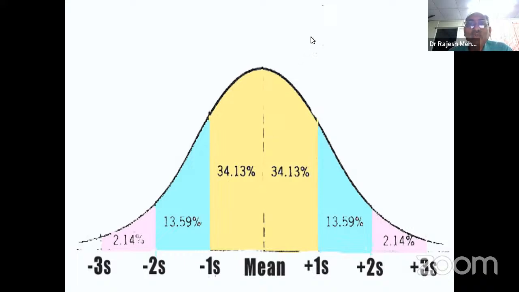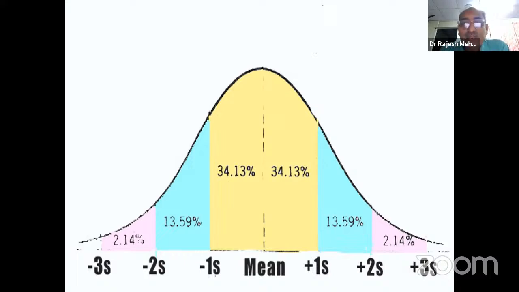So out of these 200 children, people between 75 plus minus 2 standard deviation, one standard deviation is 5, 2 standard deviations is 10, right? So the range becomes 65 to 85. 95% of children will lie between this. That means 190 students will lie between 65 and 85.